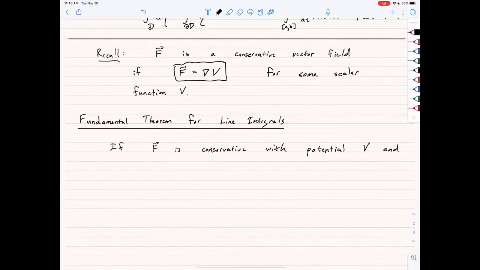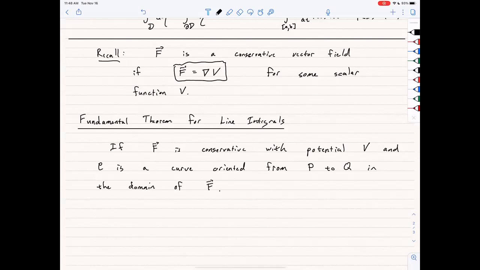And C is a curve, oriented from P to Q, in the domain of F. Of course, that's an important thing. We need it to be well defined on the curve.